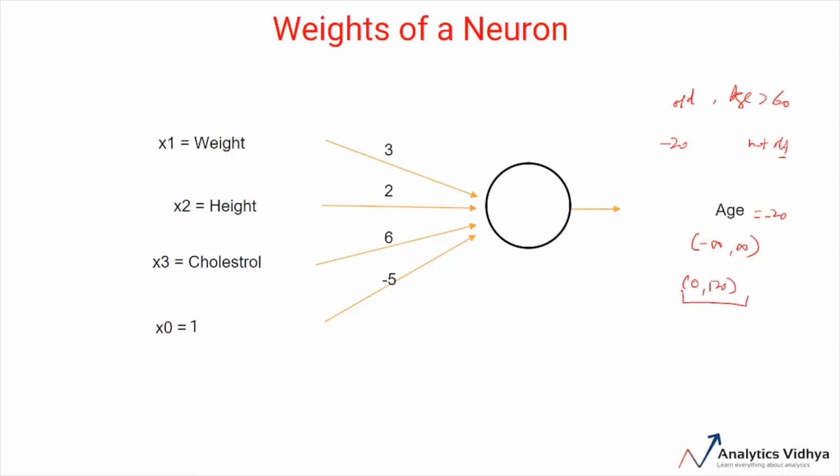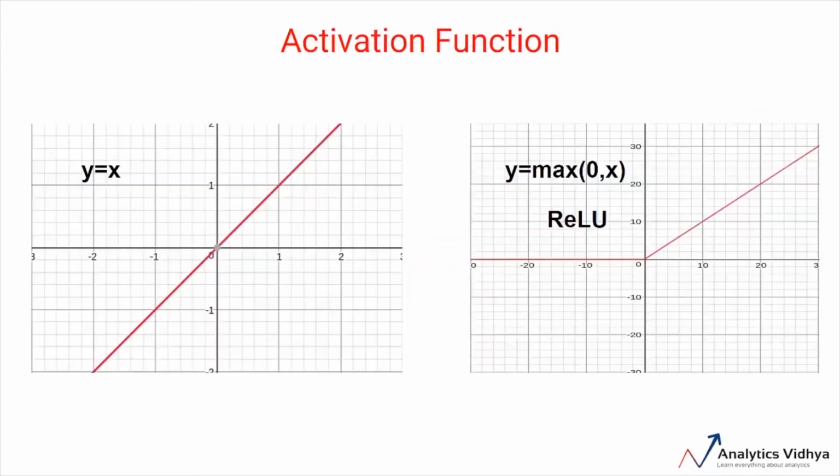So let's see, for example, how we can solve this problem when the output of a neuron is not in a particular range. One method to clip the age on the negative side would be to use a function such as max of 0 and x. So for example, anything which is on the negative side of the x-axis gets clipped to 0. Here the x-axis represents the actual values and y represents the transformed values.